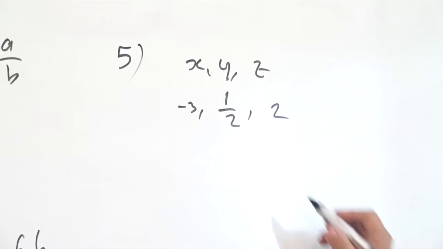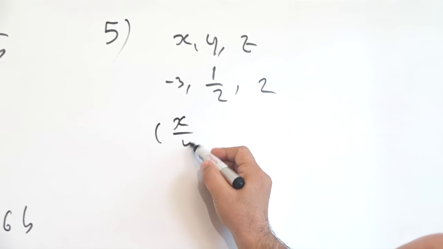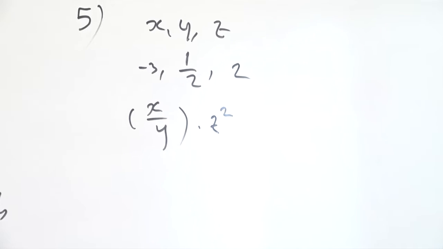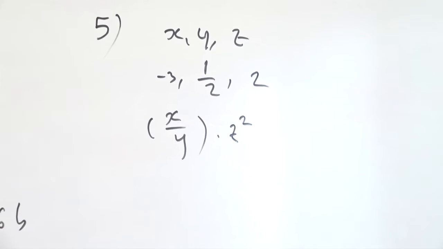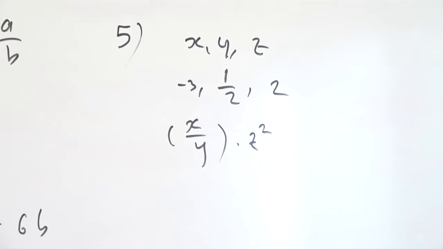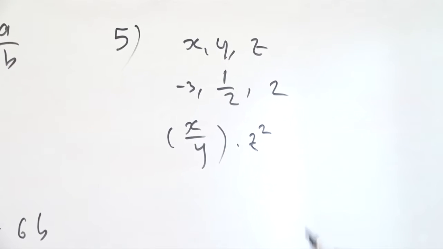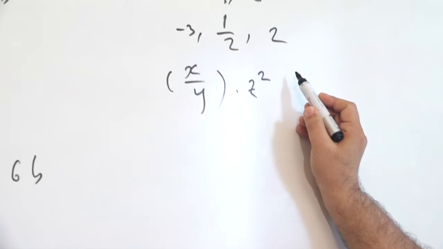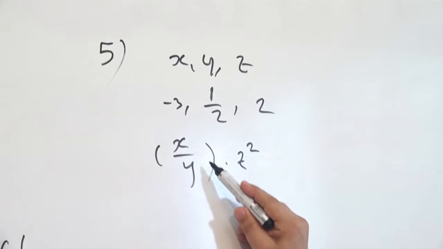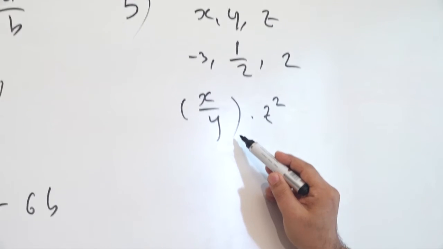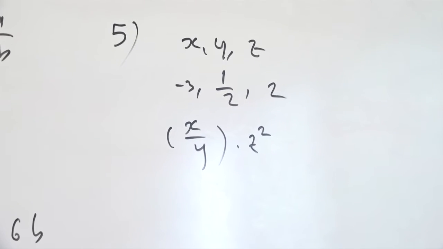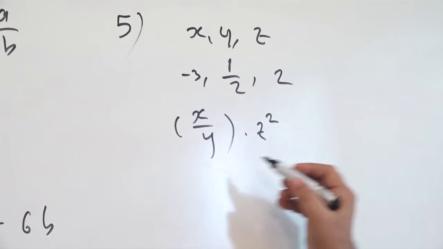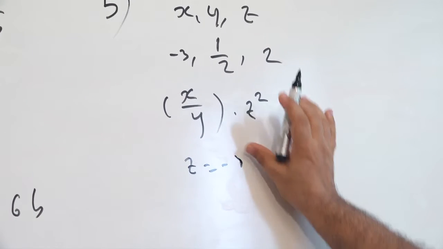To make x over y times z squared the largest, we have one negative number, so we have to choose z as the negative number. If you choose y or x as negative, this part will be negative and the result is negative. Instead, to get the largest number, we are making it smaller. So that's why z should be -3.